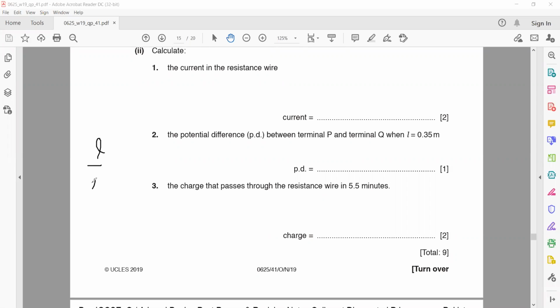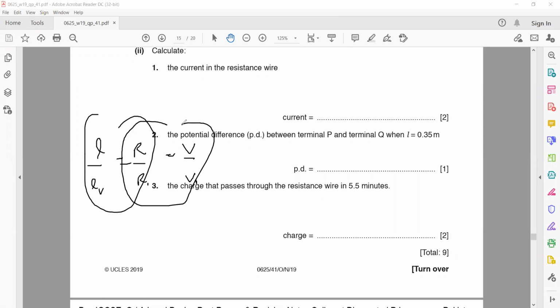L divided by L1 will be equal to R divided by R1, which will be equal to V divided by V1, the total voltage. You should get the same answer. Maybe you made a mistake in the mathematics or in the substitution. Otherwise, you should get the same answer. It does not make a difference. If you first took the ratio of length and resistance, and then the ratio of resistance and voltage, your answer should be correct.